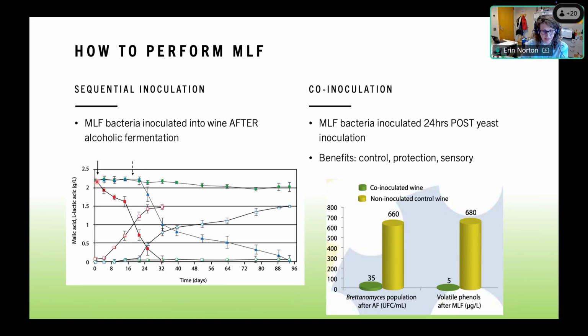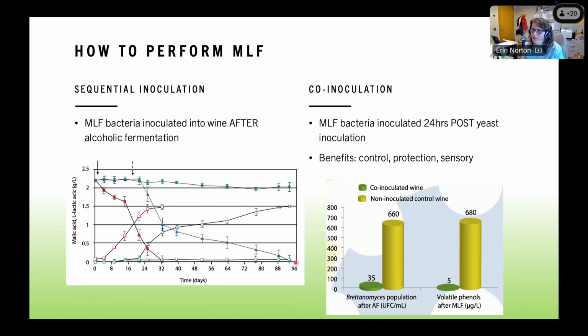They inoculated one day after, and the amount of malic acid decreased quite quickly compared to a sequential inoculation, which is the blue. You can see the arrow says that's when they added in the bacteria for the sequential inoculation. They got a good drop in malic acid, but then it carried on for a very, very long time.